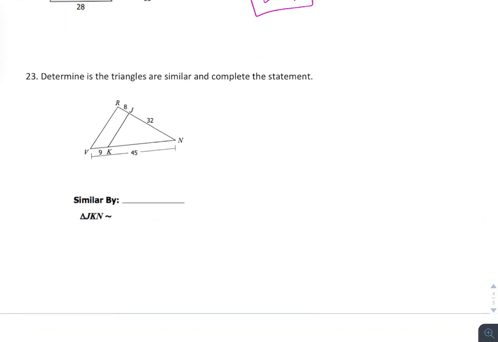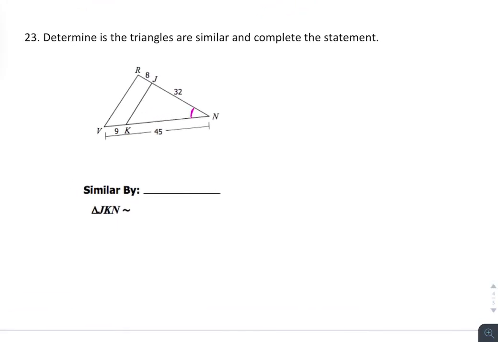All right, last one. It says determine if they are similar, complete the statement. So we know that they share angle N, so that's good. And then we just have to check our ratios. So we're going to have 32 over the whole length, which is 40. And we're going to set it equal to, we have to subtract, so 45 minus 9 is 36.